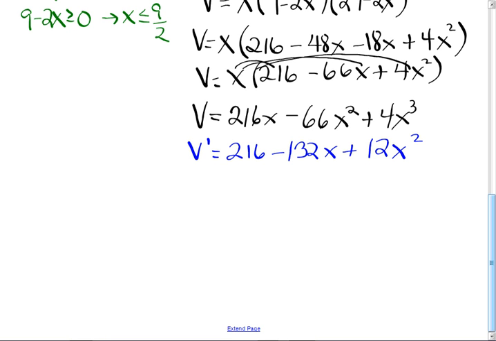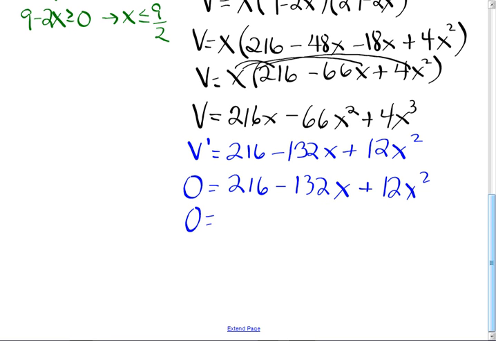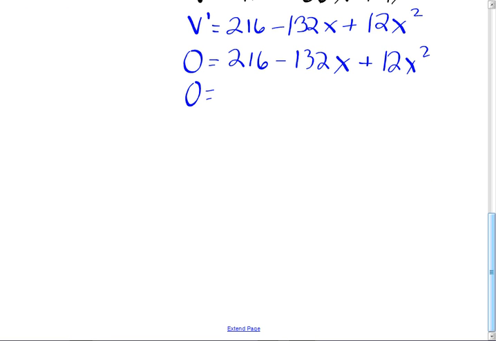Okay, I want where that's 0. Well, can I factor out anything bigger? I can do a 12. And the only reason I know that is because we did that in the other class. 12 times what gives me 216? That I don't remember. 216 divided by 12.